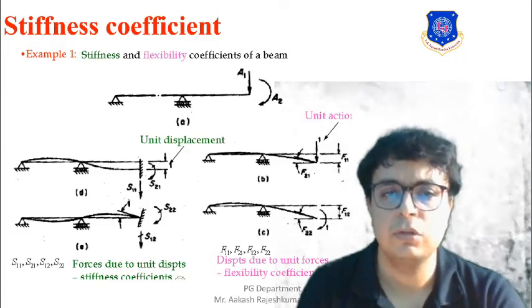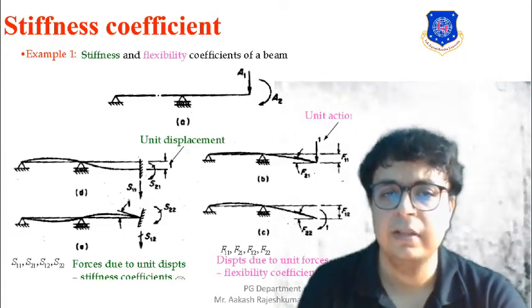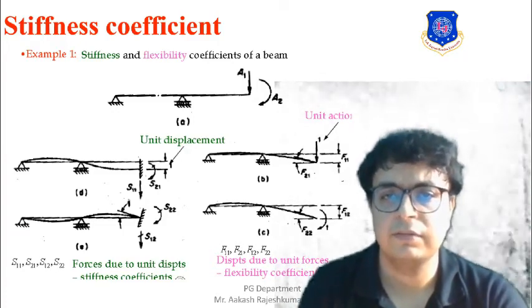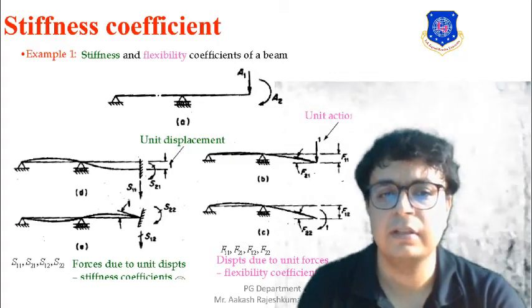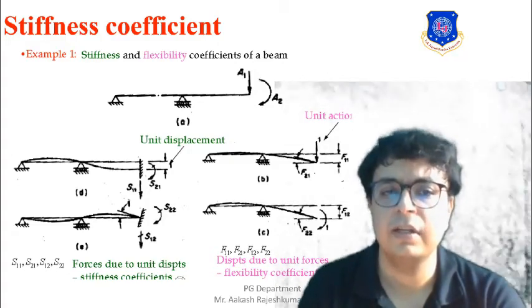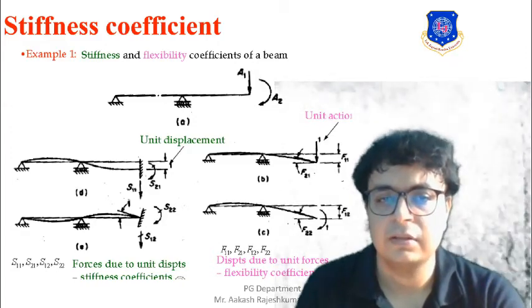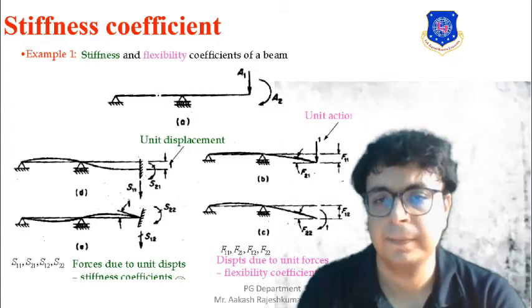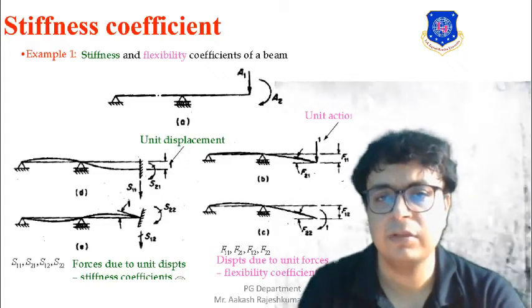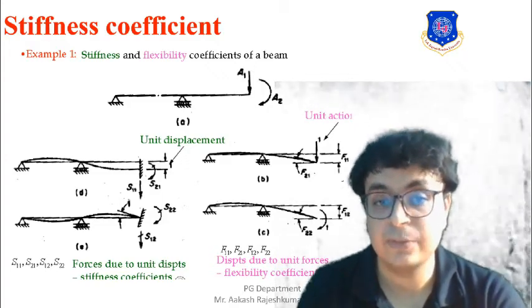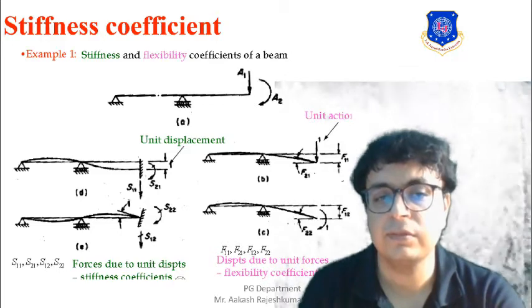So whenever a unit load is applied, this free end will be translating in a downward direction. So based on that, we can say that the stiffness coefficient can be found. So yes, S11 will be when the unit load is applied at the free end, and then the displacement will be S11.